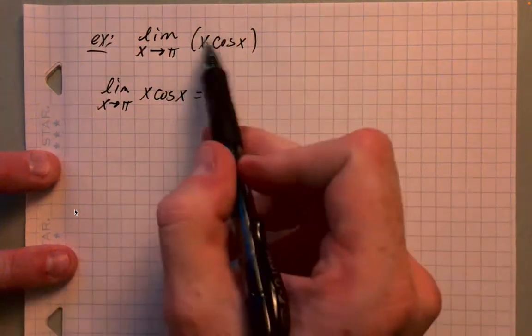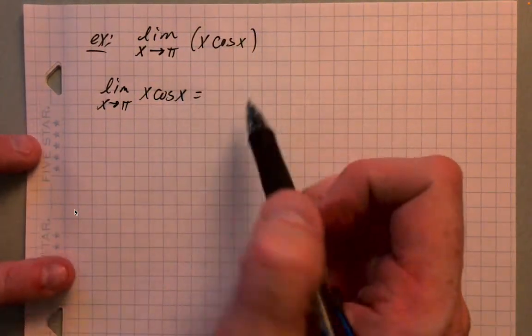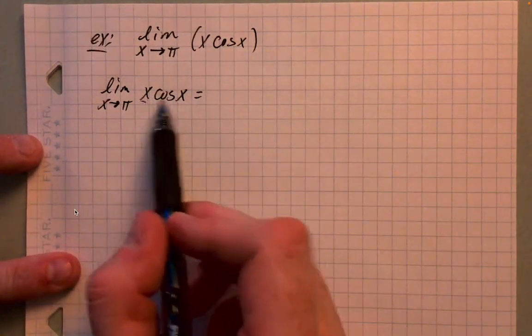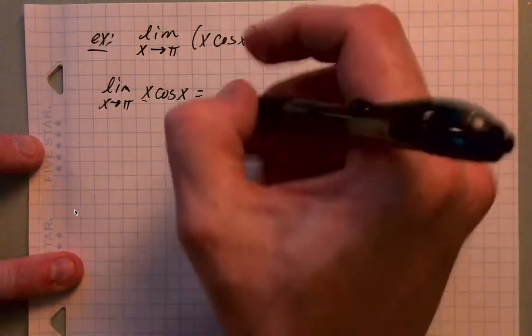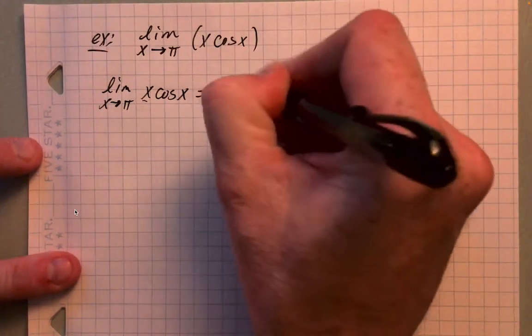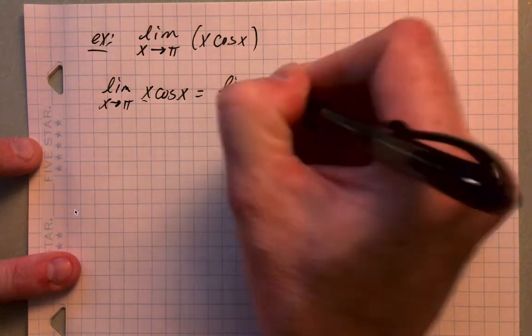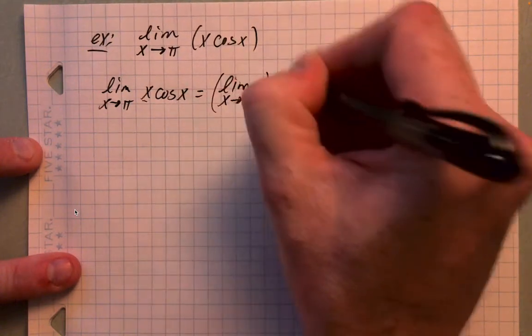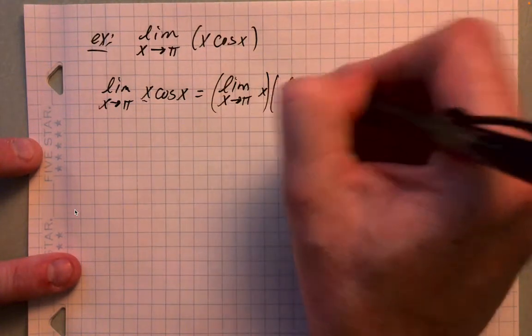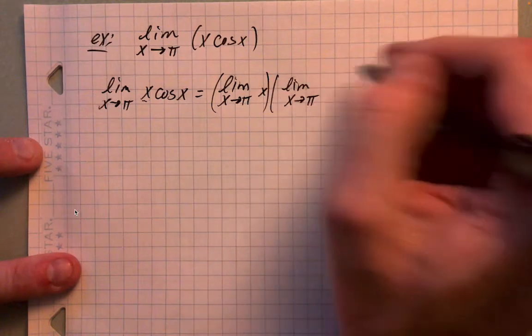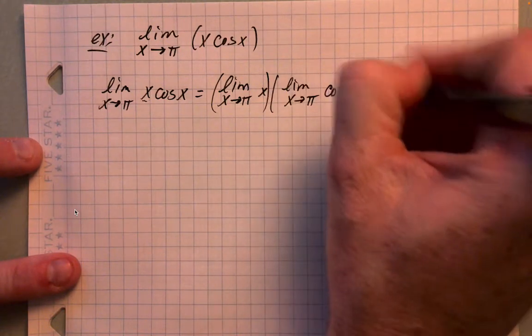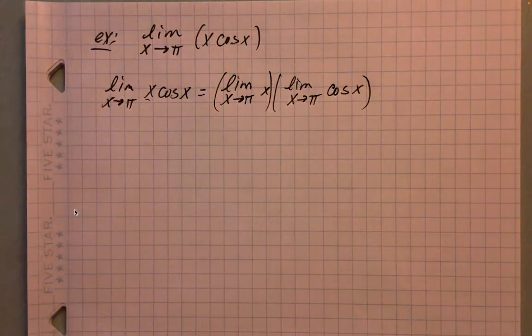Well, we've got a product of functions here. You've got the x times the cosine of x. Both of those individually have established limits, so we can think about them like this. You can think about it as a product. You don't necessarily have to write it, but just to be explicit, I'm going to write it. They're both going to have separate limits, and we can evaluate them separately.